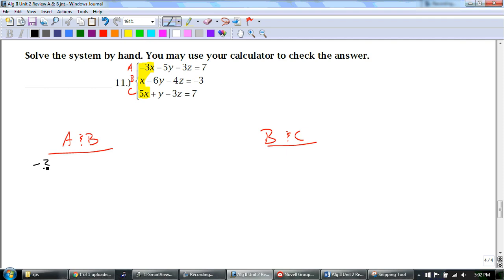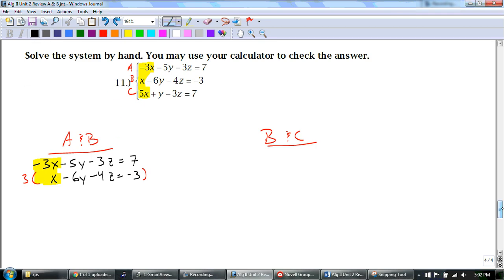We have negative 3x minus 5y minus 3z equals 7, and then x minus 6y minus 4z equals negative 3. So if I want to cancel my x's, I need to multiply the bottom by 3 because I want that to be a 3 so they cancel.